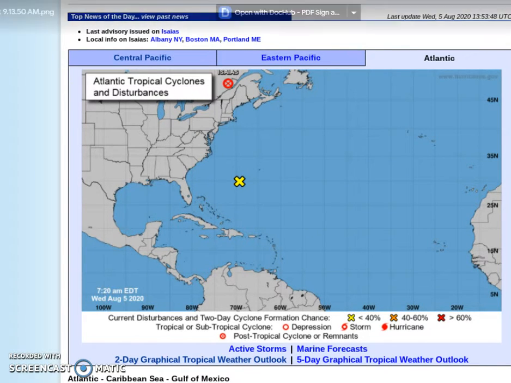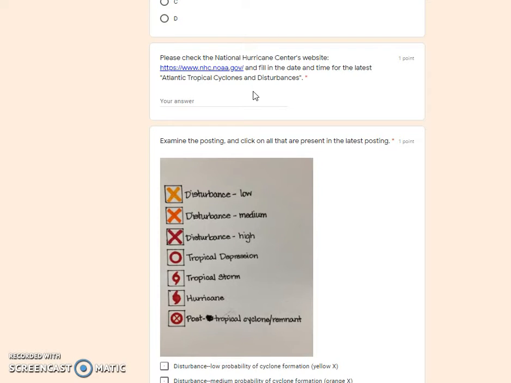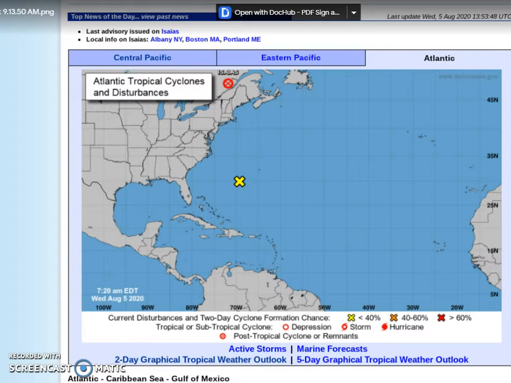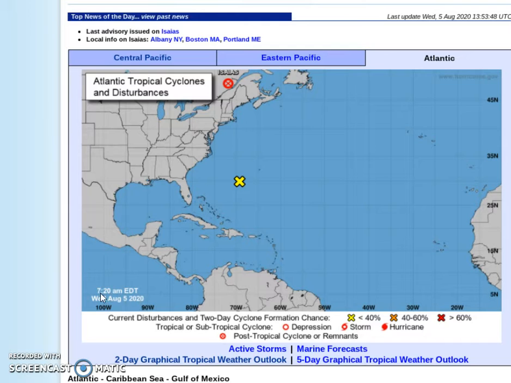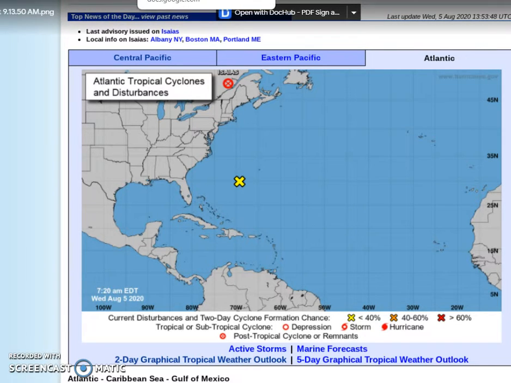So you would go back to your Google form and type in your answer right there, whatever time that was. I've already forgotten because I have such a short memory. Let's go back. You would have put 7:20 a.m. Eastern Daylight Time, or you could have put 6:20 a.m. Texas time.